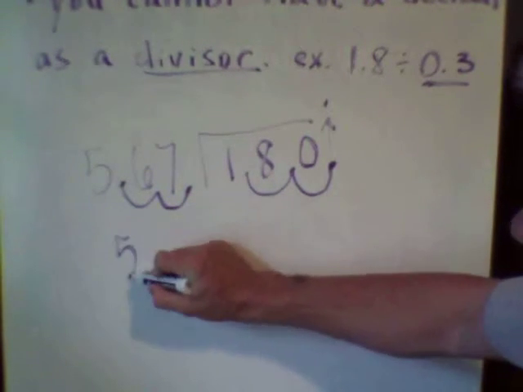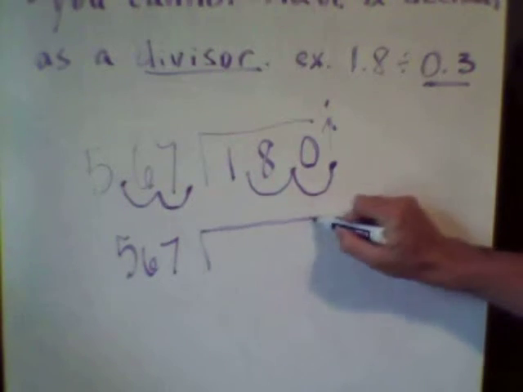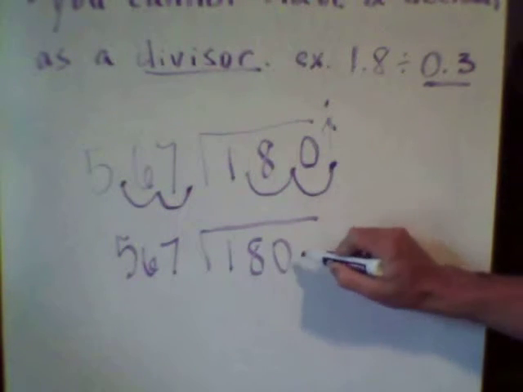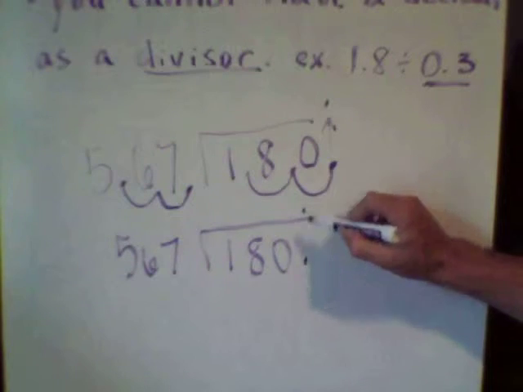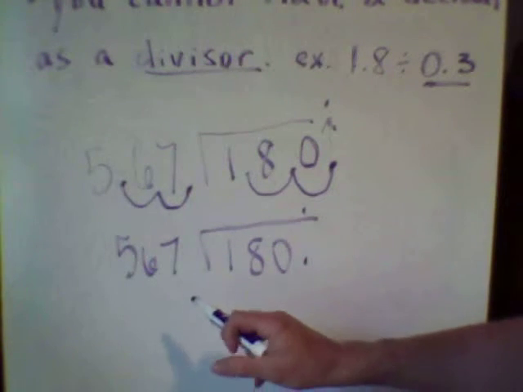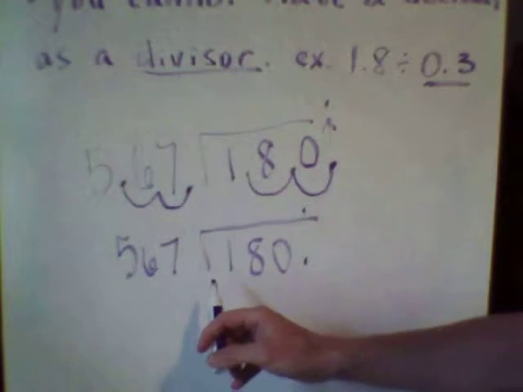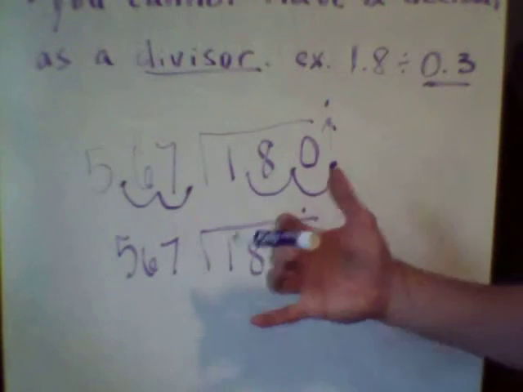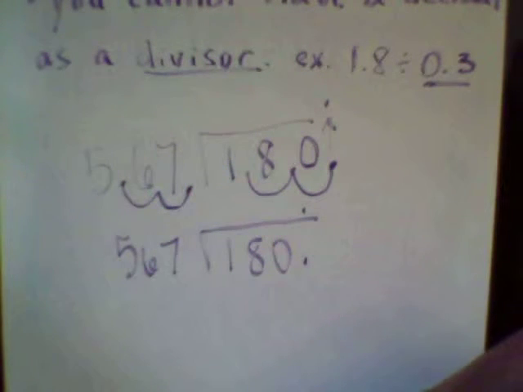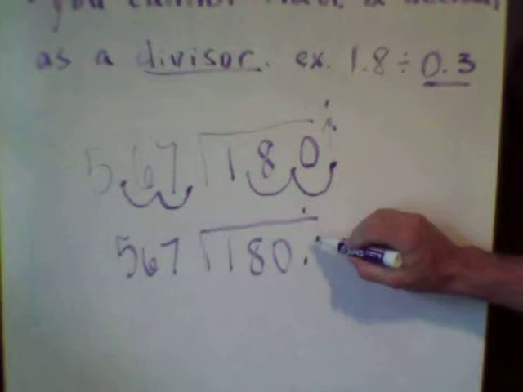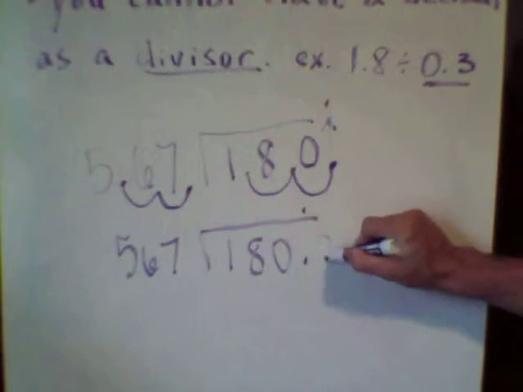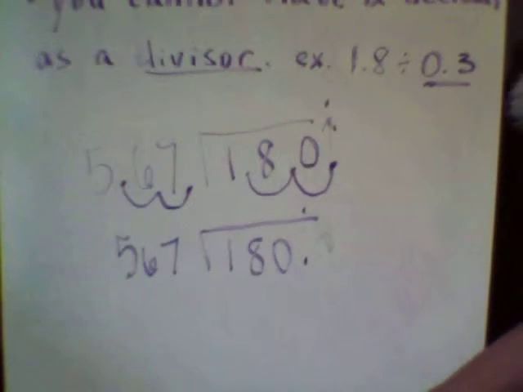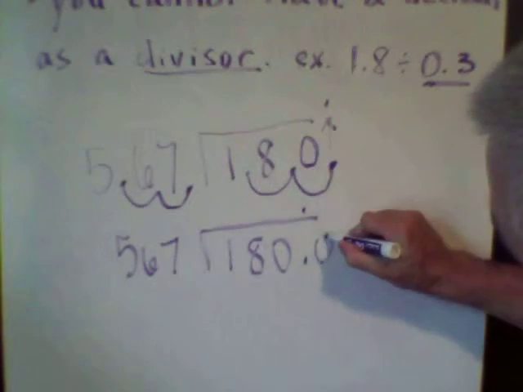Your new problem would be 567 into 180. And once you do that, you realize that you can't make a group of 567 if you have 180. So you go back to when we divided decimals by whole numbers before, and you simply add a 0, but you do not move the decimal again.